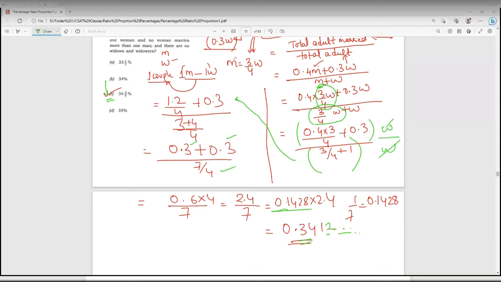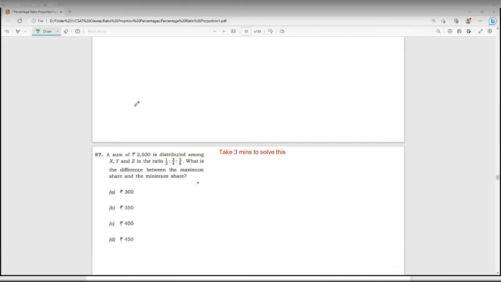Dipti, is everything clear? Yes, sir. Everything is clear. Yes, sir. Thank you, sir. If there are any doubts for anyone else, please ask. I'll be happy to clear those doubts. Okay, I think there are no more doubts. We'll move to the next question then.